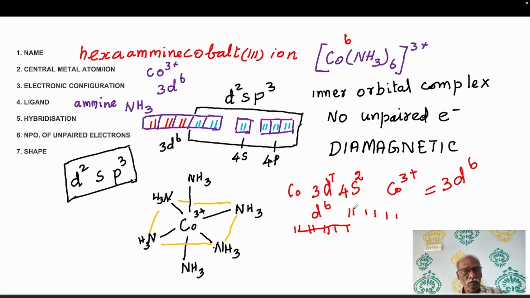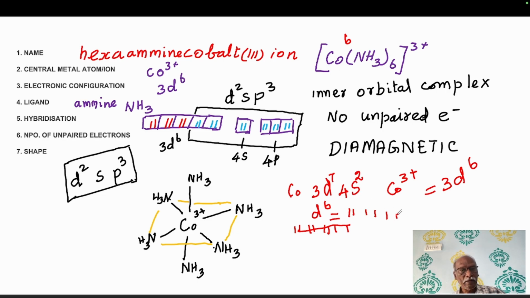First orbital 2 electrons, the second, third, fourth, fifth, 1 each. 4 unpaired electrons are supposed to be there. This is the d6 configuration. First d orbital, there are 2 electrons. Second, third, fourth, fifth, all have one electron each.